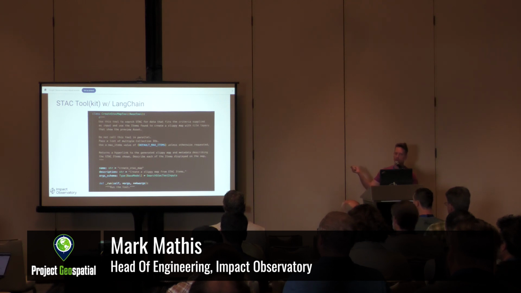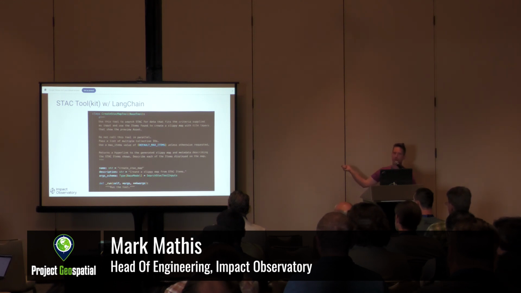And so here is just the starting of a simple tool to interact with a Stack catalog. The way you do this is to create a Pydantic model for the tool and then define the inputs. And this description here is going to get lumped together with the prompt that gets sent to the model along with your chat history, the conversation.